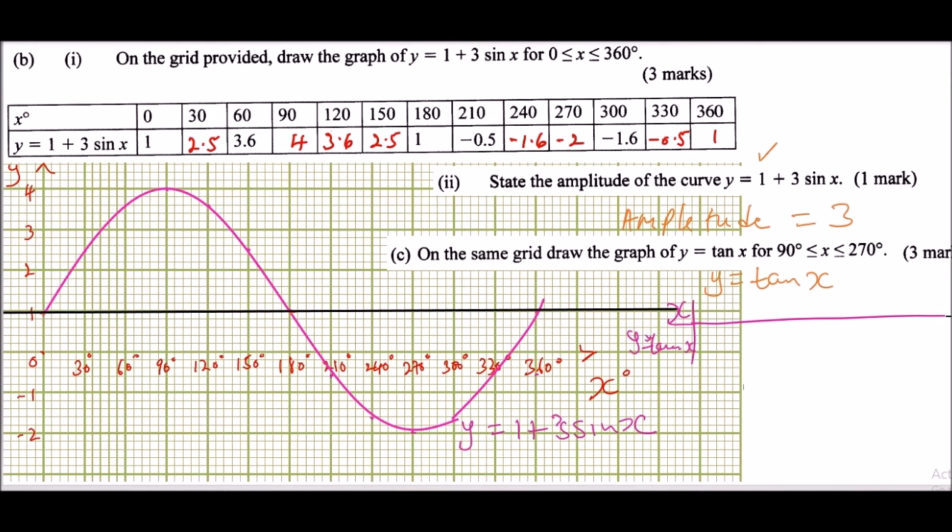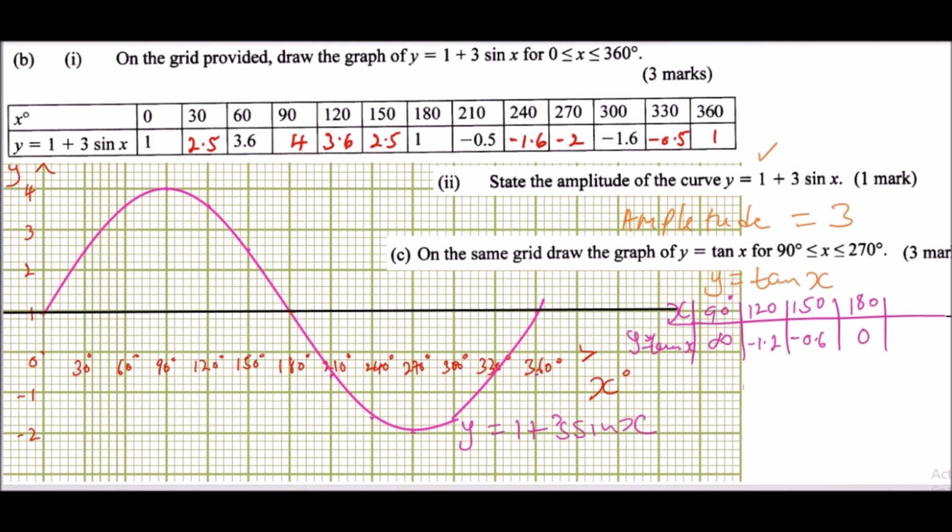At 90, y is at infinity. At 120, y is at minus 1.2. You use your calculator. We go to 150. Using your calculator, y is at minus 0.6. Then we have 180. Y is 0, or tan x is 0.